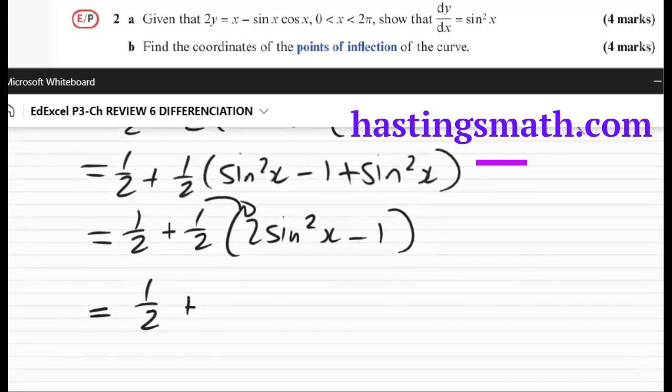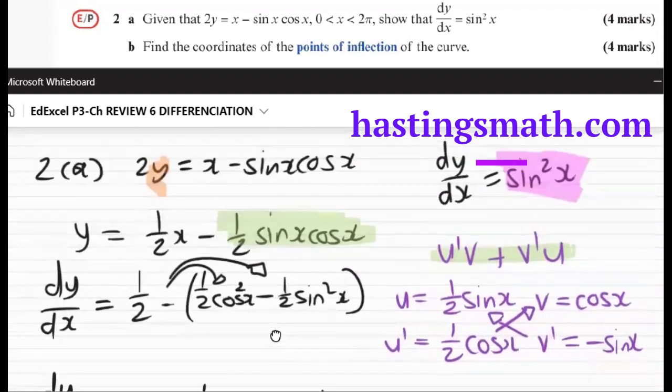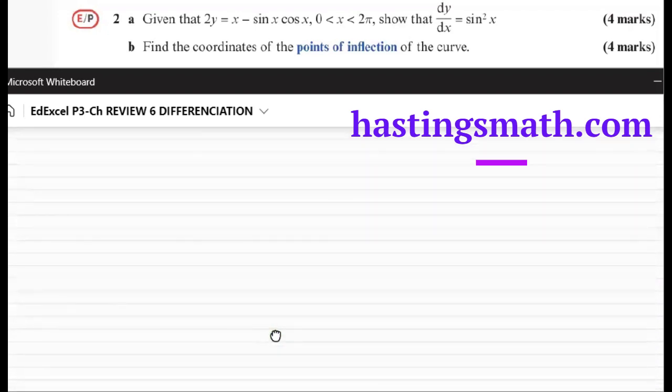So that's just sine squared x, because it's a half times 2 minus 1 times a half is a half. Look at this. Done. Okay. Which equals sine squared x. Went a bit rogue of the mark scheme, but we got there in the end. All right. That was part A.